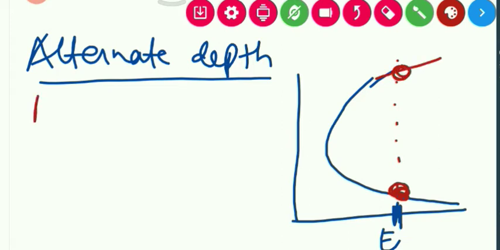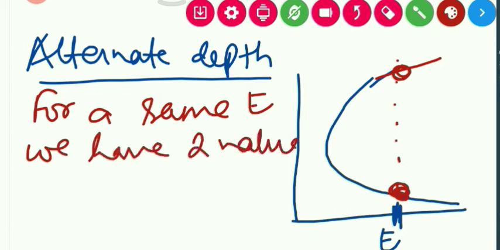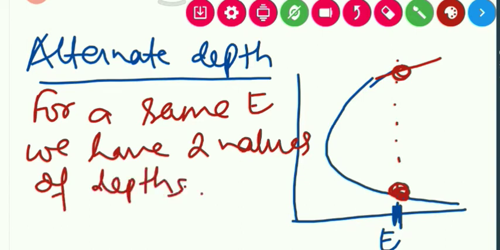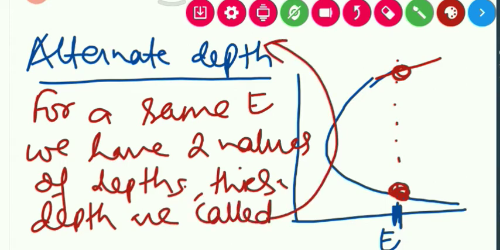So for the same E we have two values of depths, and these depths are called alternate depths. I hope it is clear.